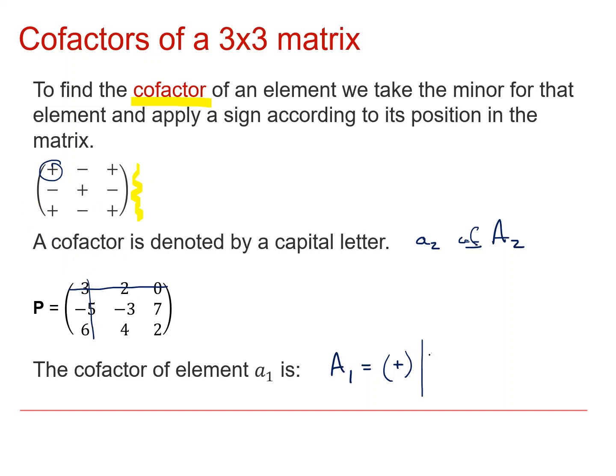So it's the determinant of -3, 7, 4, 2. And we've already seen that this came out at minus 34, and it's unaffected by this sign here, so it's just going to be minus 34.